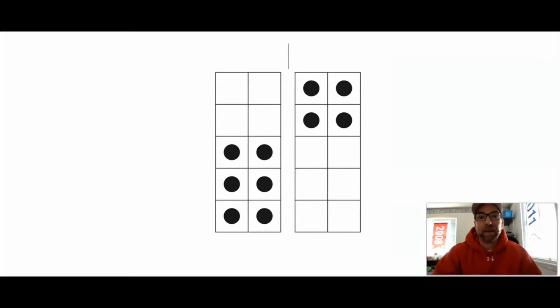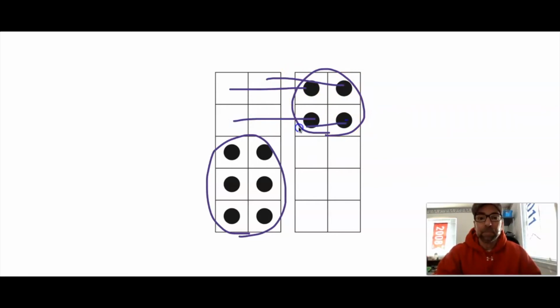Well, let's check. I see 6 dots here, and I see 4 dots here. And look at these 4 dots. They will all fit into this 10 frame. And if I put them all in that 10 frame, I have 10 dots.